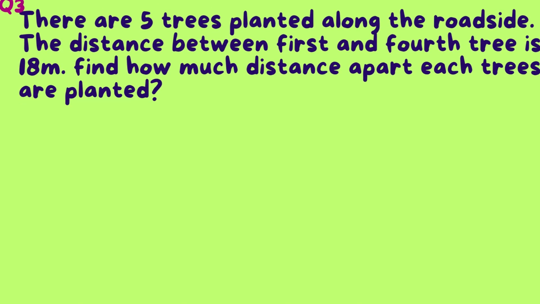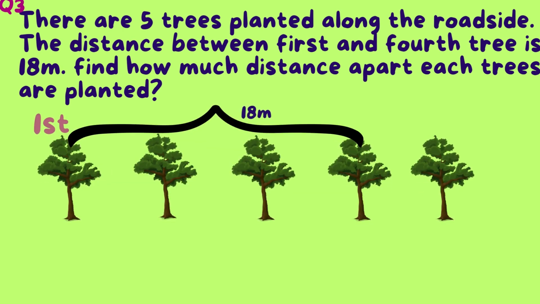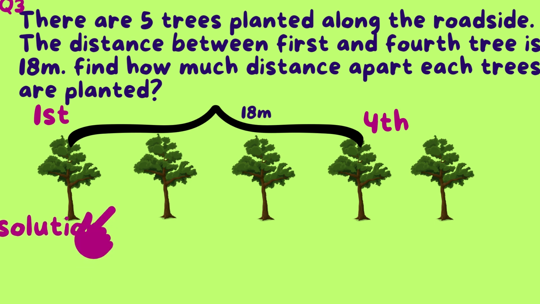Now, question number 3. There are 5 trees planted along the roadside. The distance between the first and the fourth tree is 18 meters. Find how much distance apart each trees are planted. Kids, the question is, we have to find at what distance each tree is planted.